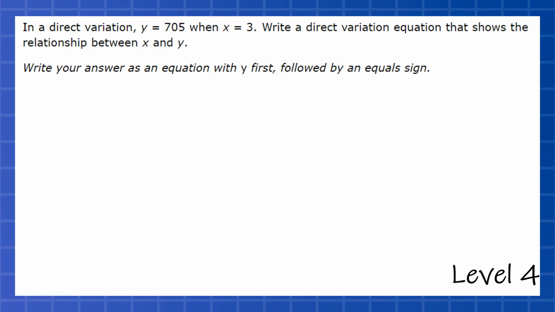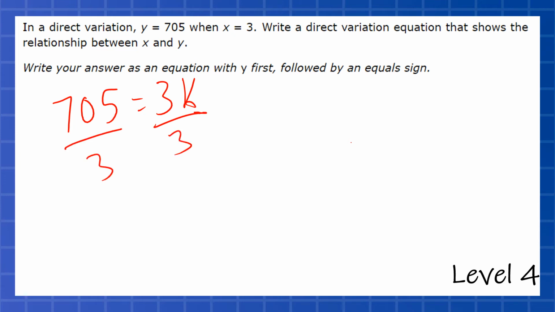You'll notice that these don't get much more complicated. Really, all that's happening is that our numbers are getting a little bit bigger. So when we do this problem, we're going to see 705 equals 3k, right? So I've just swapped in my y and my x, and I'm going to divide both sides by 3. And I end up with k equals, what's 705 divided by 3?